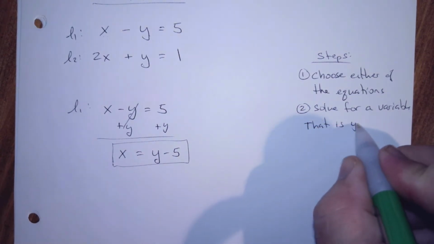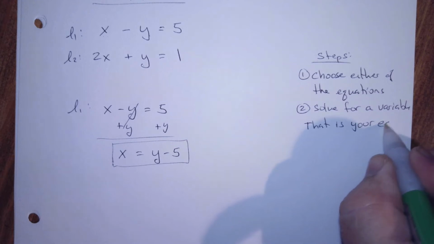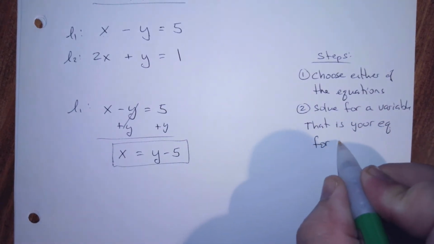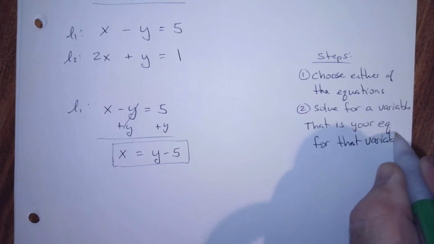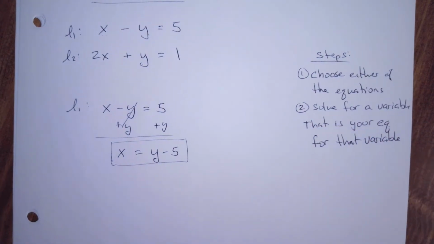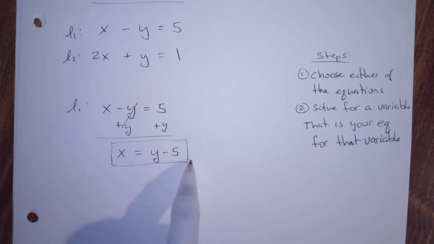That is your equation for that variable. So I know the equation for x is that one. Once I find y, I plug it in there. I know the value for x.